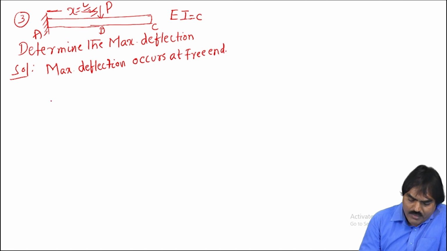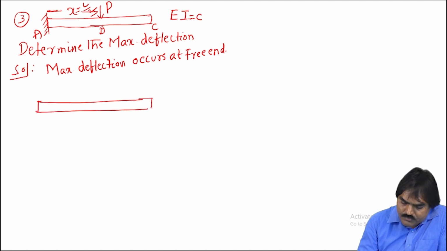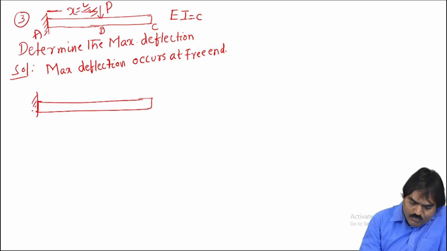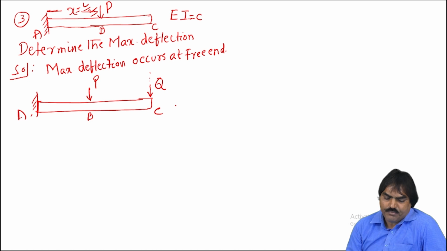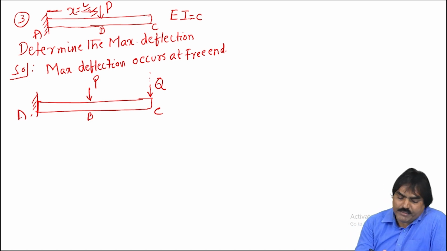That means at the free end, what we have to do? We have to apply the dummy load. Say here the load is P, here the load is Q. Okay. A, B, C. What is the next step? First find the total energy in the beam.